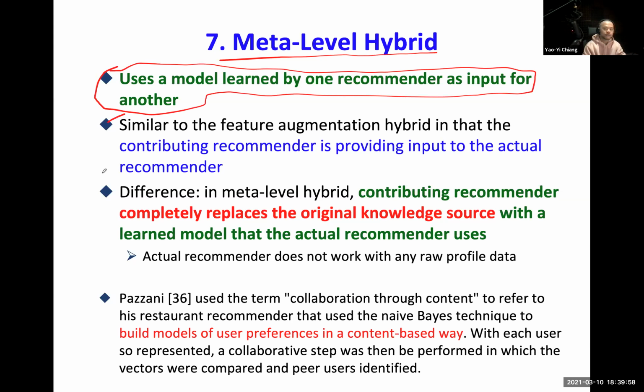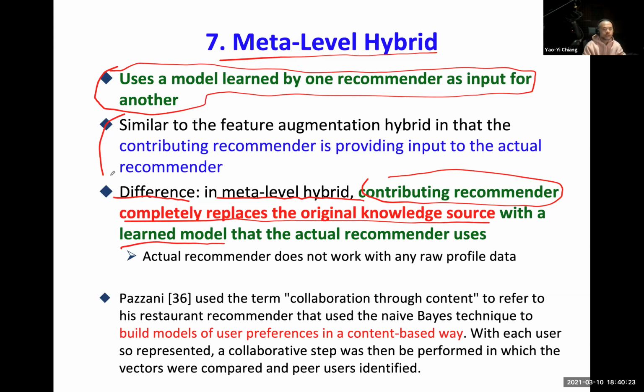This is very similar to the feature augmentation hybrid. The difference is that in the meta level hybrid, your contributing recommendation system will completely replace the original knowledge source with a learned model.